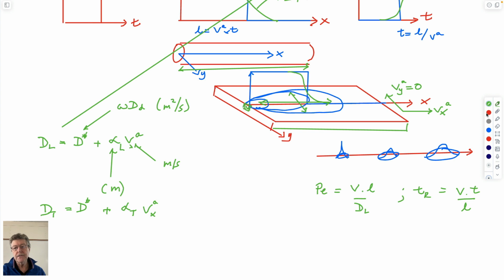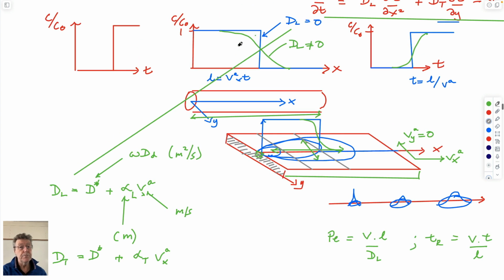But if you have a source that was actually applied all the way along this boundary condition, then the magnitude of the front, instead of looking in plan view like this finite thing, would just be a series of contours that represent different concentrations along the width, because really it's a one-dimensional problem.